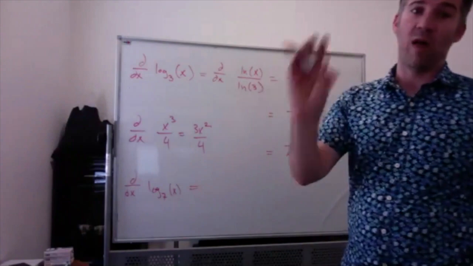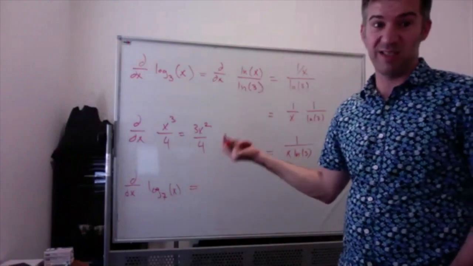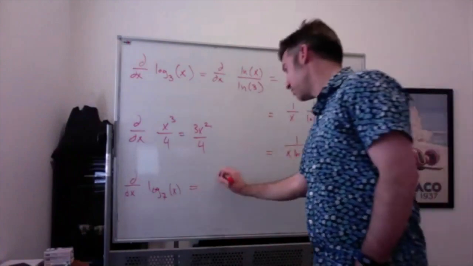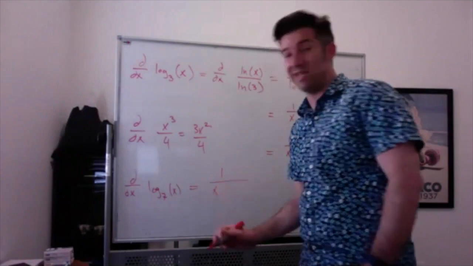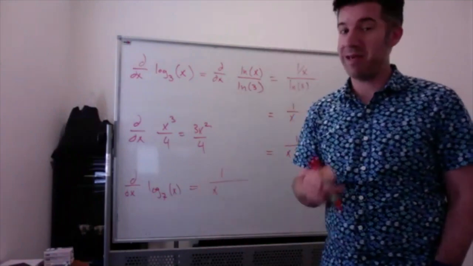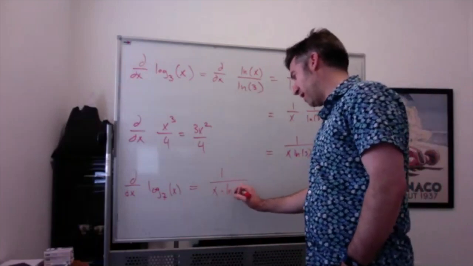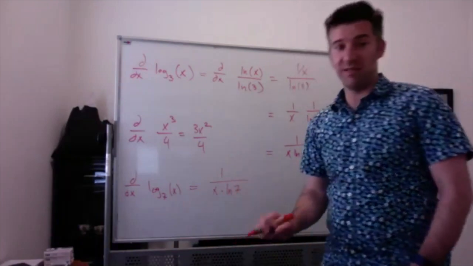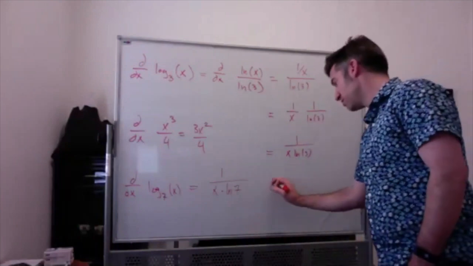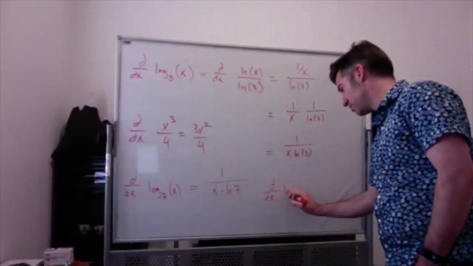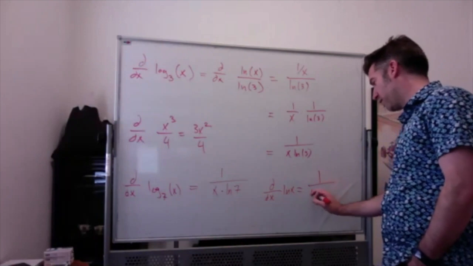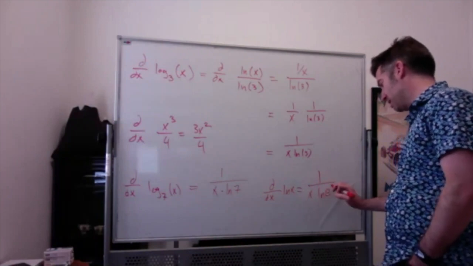But you can also say, well, I know the derivative of a log of x, regardless of the base, is going to give me a 1 over x. And then I also know that if my base is not e, or even if my base is e, I'm going to also divide by the natural log of that base. It's just that if the base is e, then you're getting 1 over x times the natural log of that base.